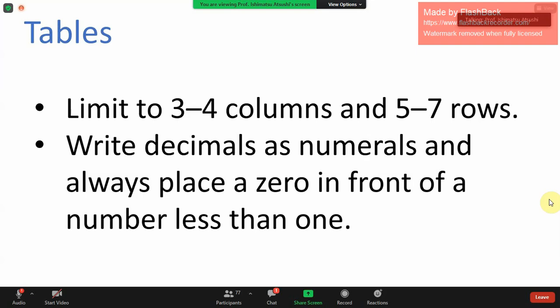I know that in several countries, people use a comma following 0 to express decimals. But in international publications, as far as I know, they use the decimal point, the dot, not a comma after 0.